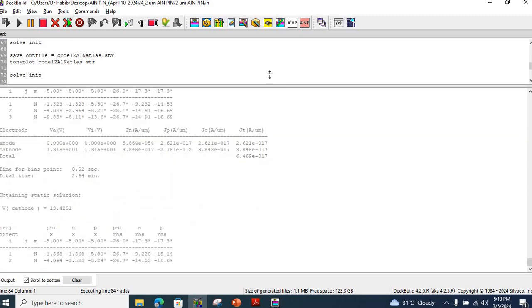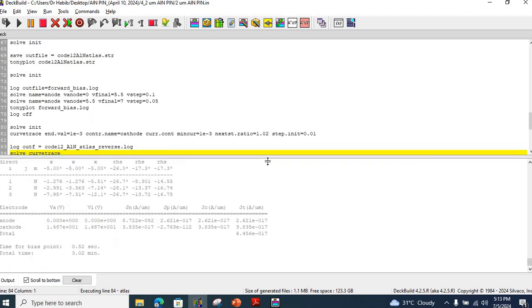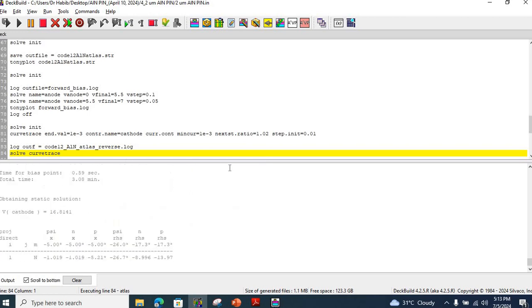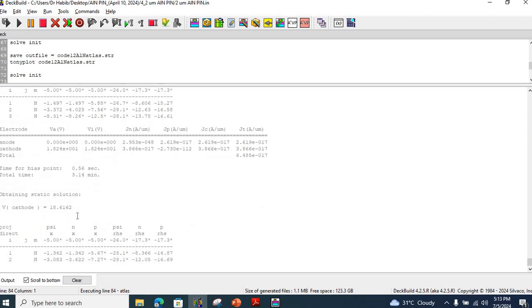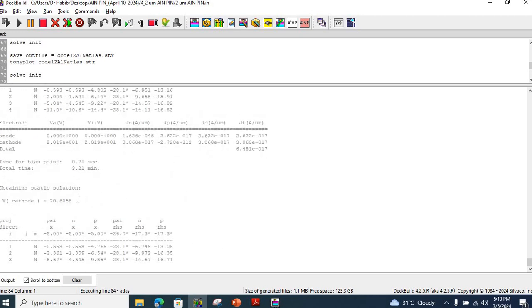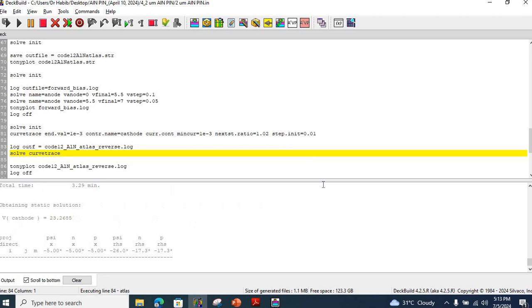Now we want to see the simulation of this structure under reverse bias as well. So we are at curve tracing. The voltage is increasing at multiplication factor of 1.02.